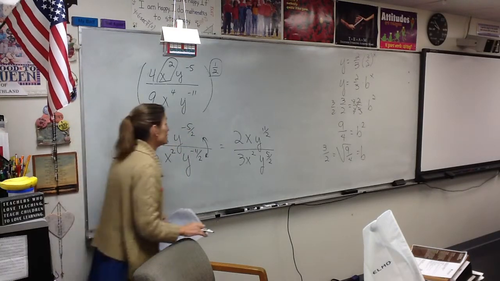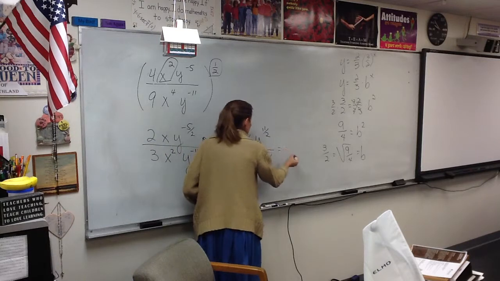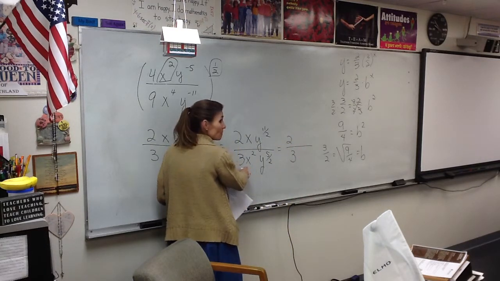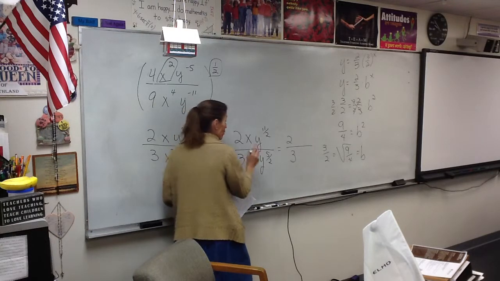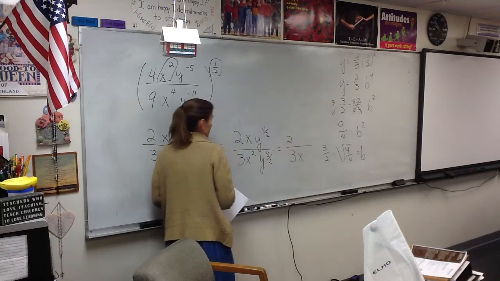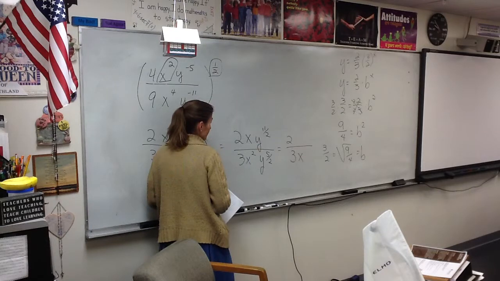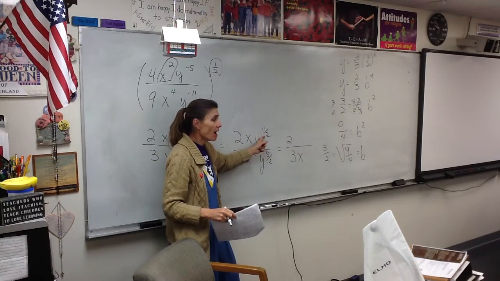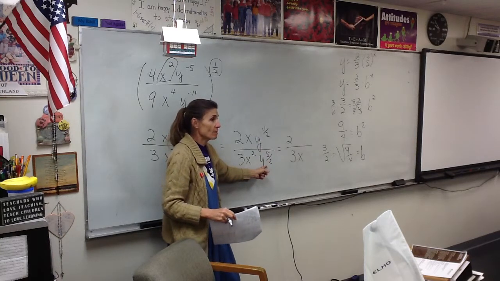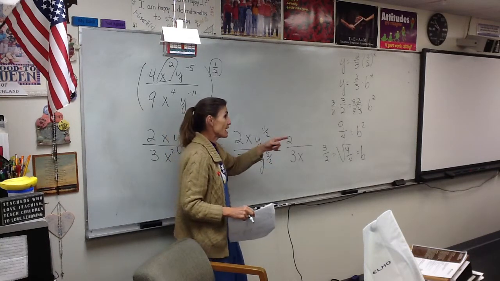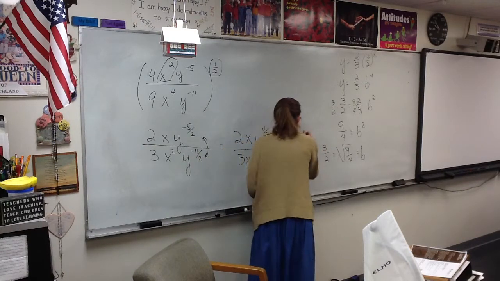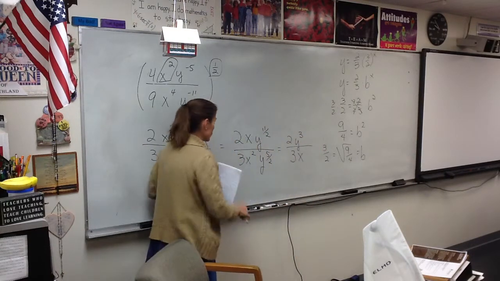You've got 1 x on the top and 2 x's on the bottom. So the bottom has 1 extra. Now what about the y's? We have 11/2 on the top and 5/2 on the bottom. 6/2 on the top. So 6/2 is 3. And there's your answer.